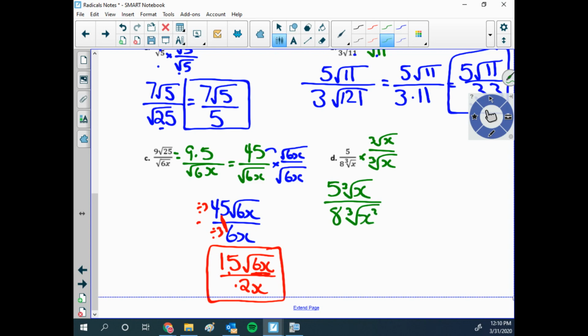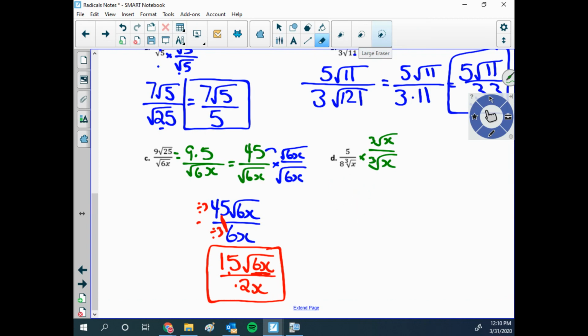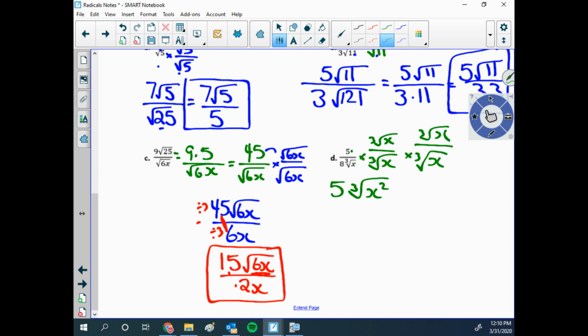Now, when I do that, I actually didn't get rid of the radical, because I can't simplify the cube root of x squared any further. So what I need to do is multiply twice when it's a cube root. Up here on the numerator, 5 times the cube root of x times the cube root of x gives me 5 cube root of x squared.